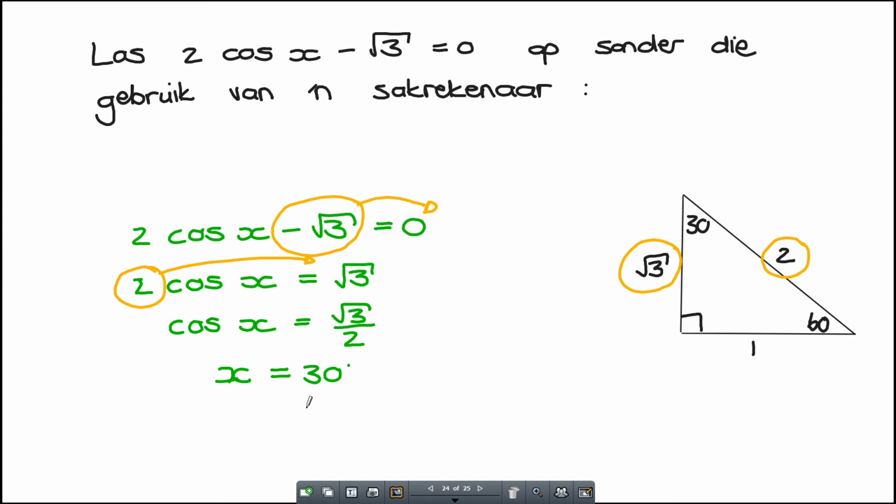As jy jou antwoord gekry het is 30, dan gaan sê jy, okay, cos 30, en kyk, is dit gelyk aan wortel 3 op 2? Nee? Okay, of, jy gaan check van hier af. Dan sê jy, shift cos wortel 3 op 2, en dan gaan hy ook vir jou gee 30. Okay, so jy kon enige een van die 2 gebruik.